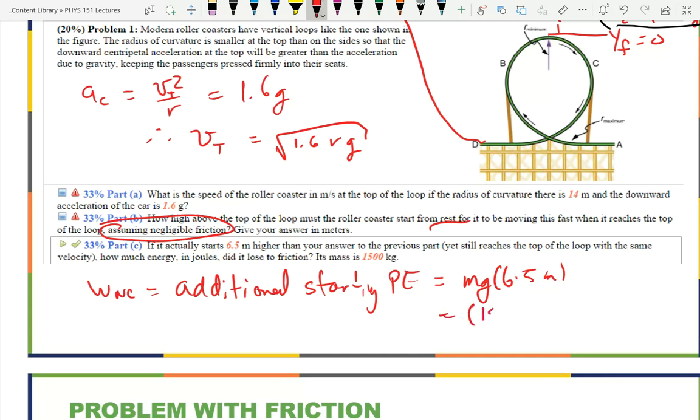And so then I just put in my 1,500 kilograms times 9.80 meters per second squared times 6.5 meters and I have how much energy friction removed. 260,190. 260,000? Yeah. That's a lot of energy that friction scrubbed away from you. Wait, that's it? Yeah. Because that's how much additional energy you had to start with to end with the energy you wanted. Okay.